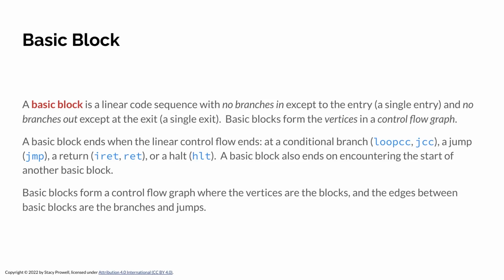A basic block also is going to end on encountering the start of another basic block. Now why is that? Remember, a basic block only has one entry, and that's at the top of the basic block. So if we encounter another basic block, presumably something is jumping into that address, not just us flowing into it. And so we can't have multiple entries, so we have to terminate our basic block when we encounter the start of a new one.